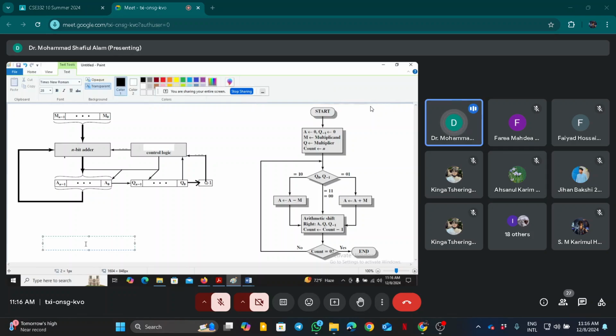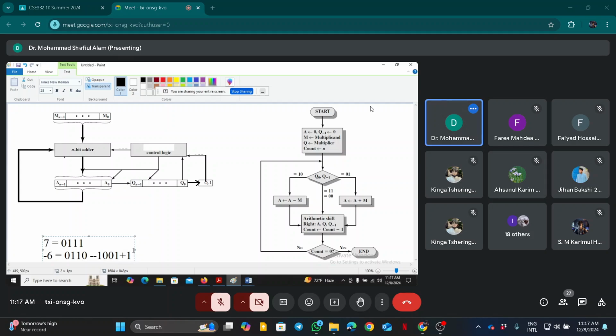Let's say we intend to multiply 7 by minus 6. The binary equivalent of 7 is 0, 1, 1, 1. For minus 6, we first take the binary representation of 6, and then we take the 2's complement, 1, 0, 0, 1, and then we add 1.